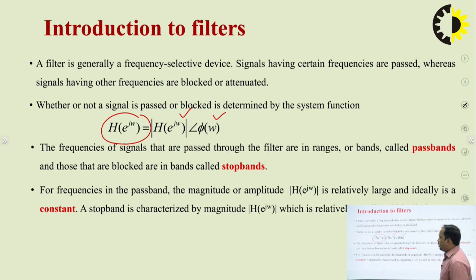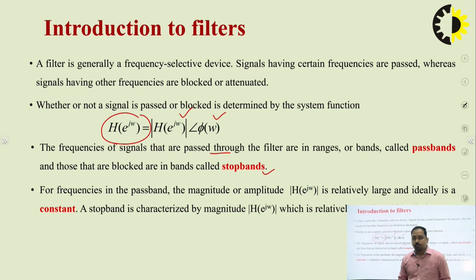So now we have the definition for the pass band and the stop band. So the pass band, the range of frequencies that are passed through the filter, are called as pass band, whereas the frequencies which are blocked or attenuated are called as the stop band.